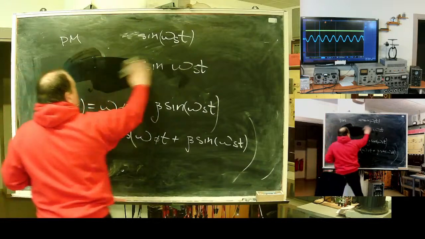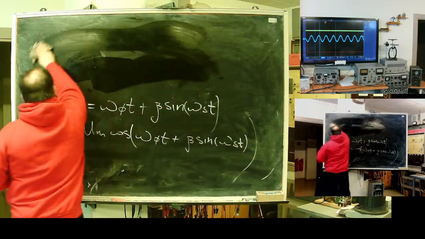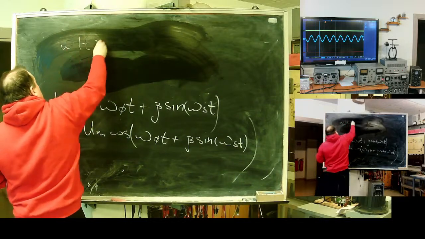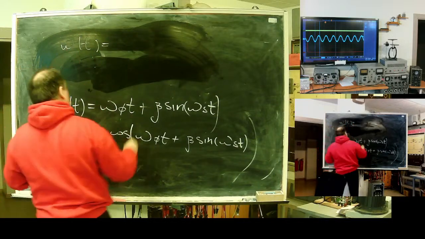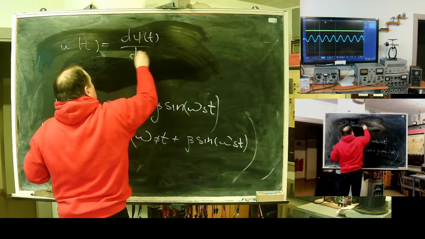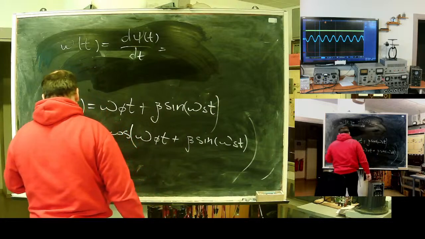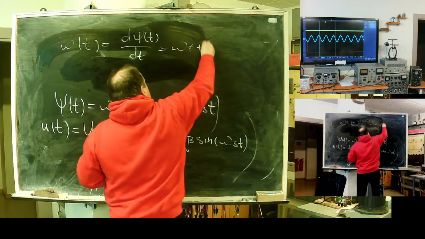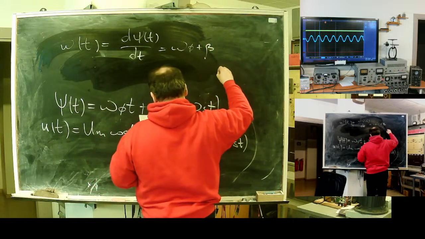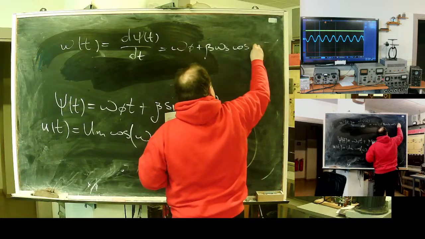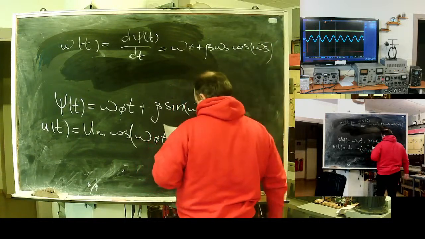Here the instant frequency, I can get it as the first derivative, so it will be omega 0 plus beta omega s cosine omega s t.